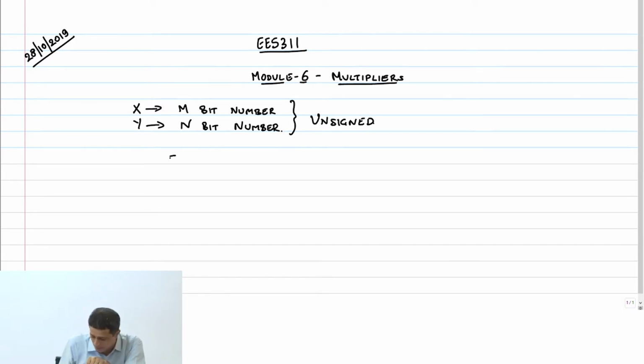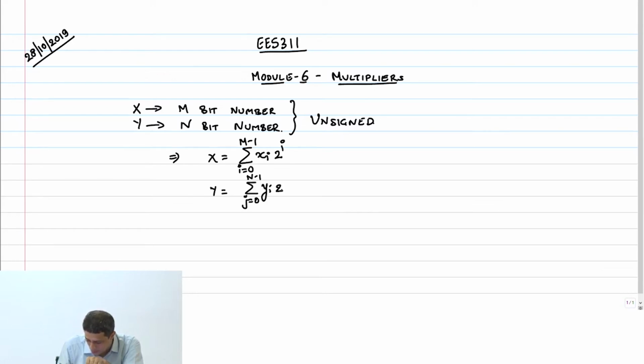What does this mean? It means that x can be written as the sum of x_i 2^i, where i goes from 0 to m minus 1. Similarly, y can be written as the sum of y_j 2^j, with j going from 0 to n minus 1.